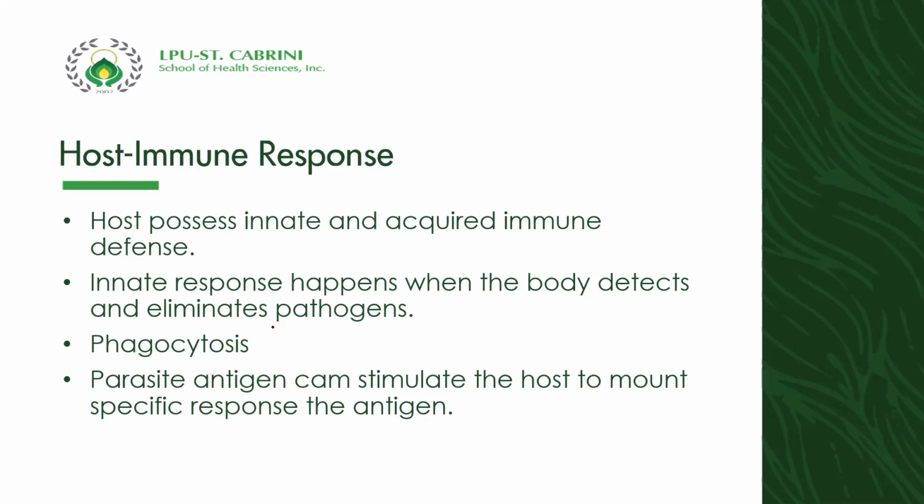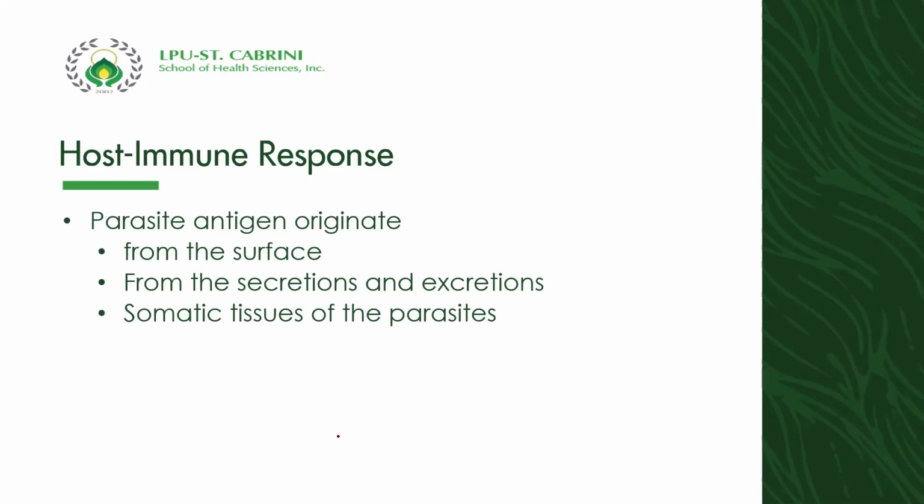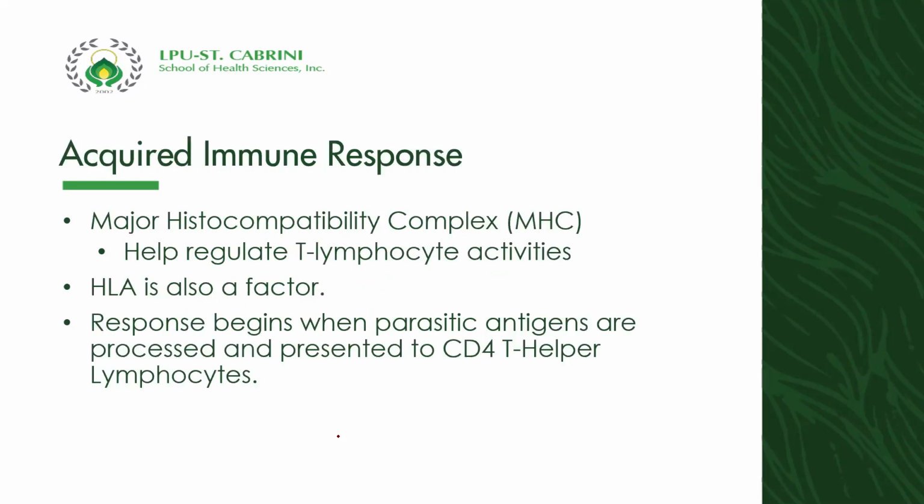Parasite antigens can stimulate the host to mount a specific response to the antigen. Now, the parasite antigen originates from the surface, from the secretion and excretion, and from somatic tissues of the parasite. How about the acquired immune response?